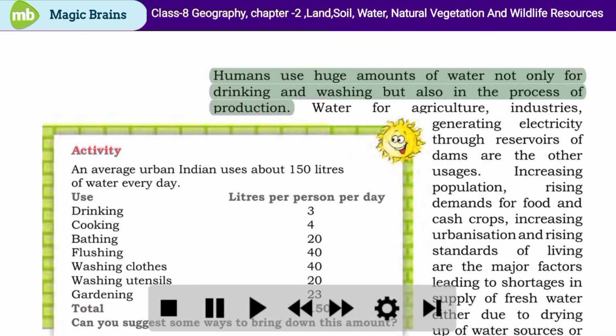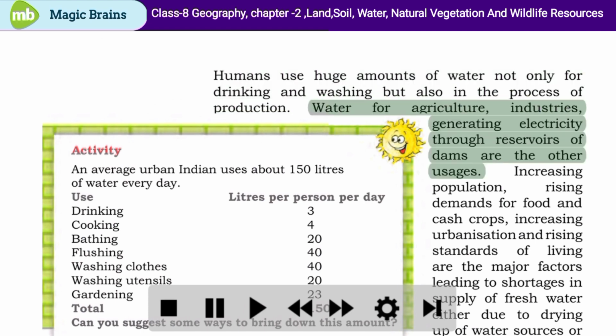Page number 14. Humans use huge amounts of water, not only for drinking and washing, but also in the process of production. Water is used for agriculture, industries, generating electricity through reservoirs of dams, and other usages.